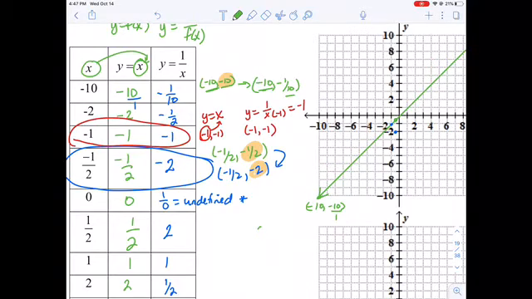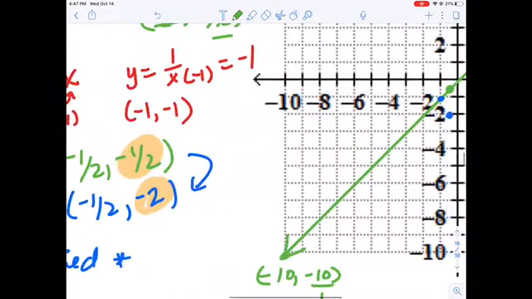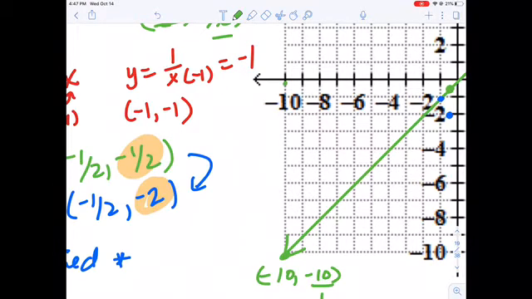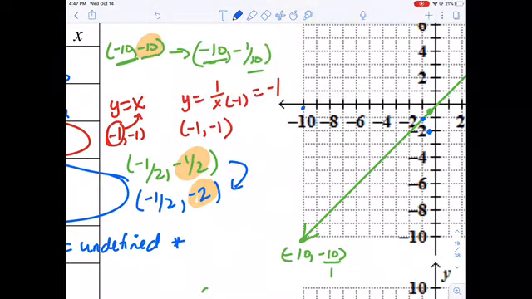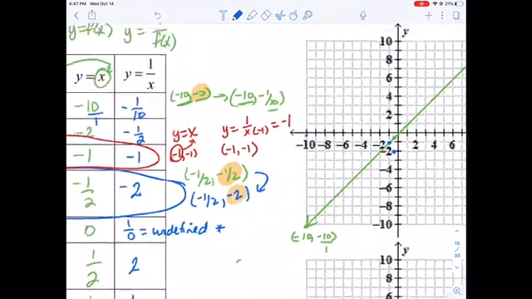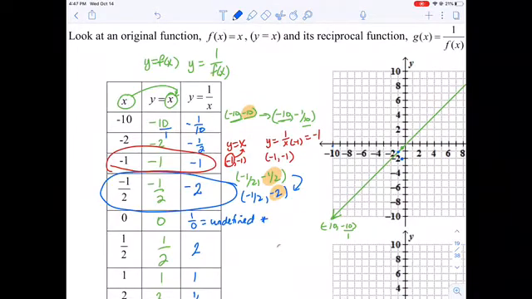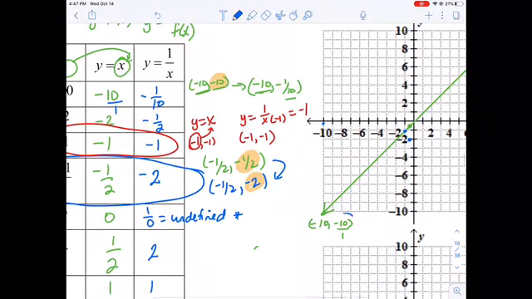So this next point is negative 10, negative 1/10, which is really a small y value. Almost at 0, isn't it? Now, let's do that in blue again. If I look at biggish numbers, the reciprocal of a biggish number, for example the reciprocal of 10, would be a small number, 1/10.